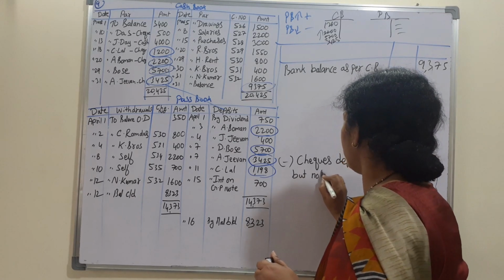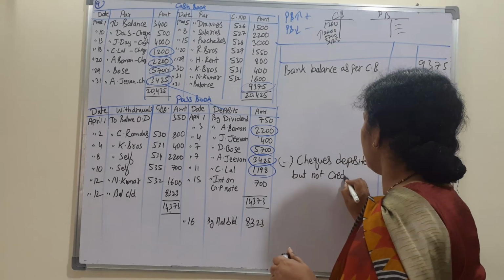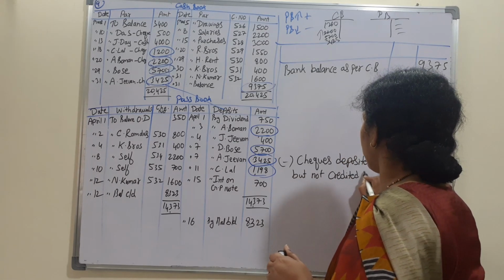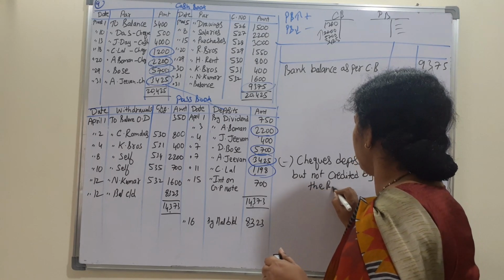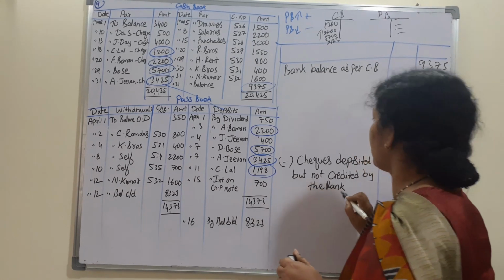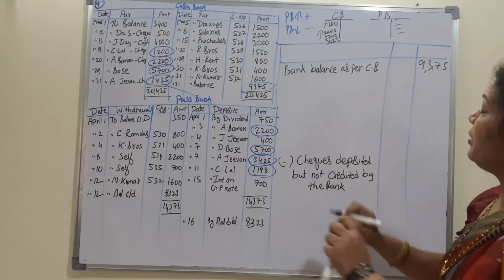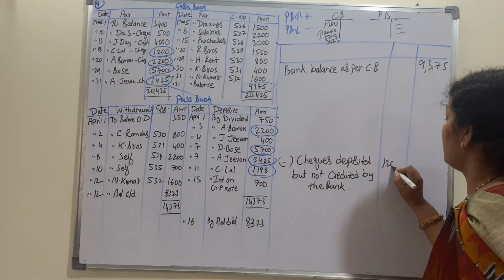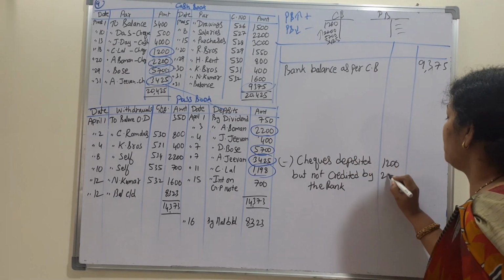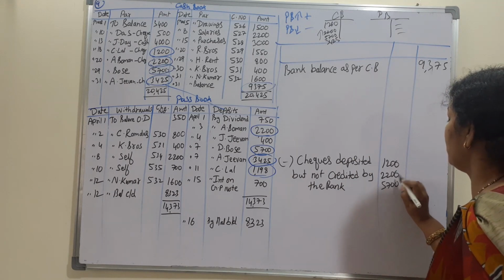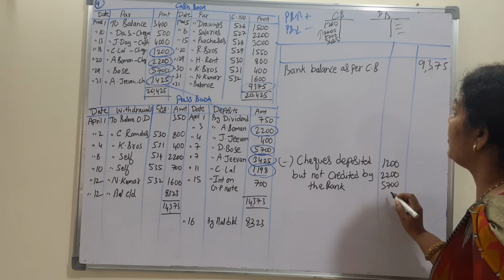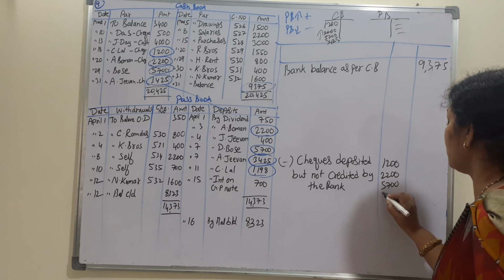We say checks deposited but not credited by the bank: 1200 plus 2200, 5700 and also 3425.